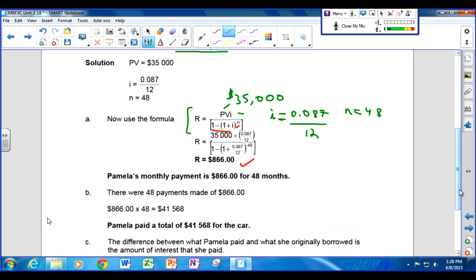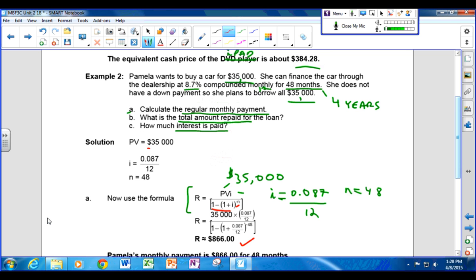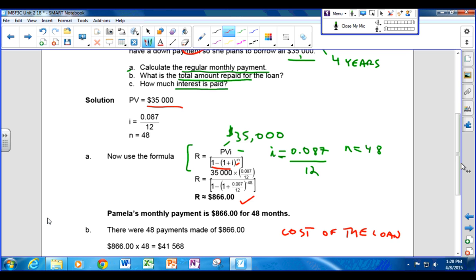Now, if someone wants to know the cost of the loan, they basically gave her this car that has a retail price of $35,000, and they gave her an investment. But remember, she's paying interest on this, 8.7% for 4 years. She's paying interest on the loan on the car, so it doesn't just cost her $35,000.